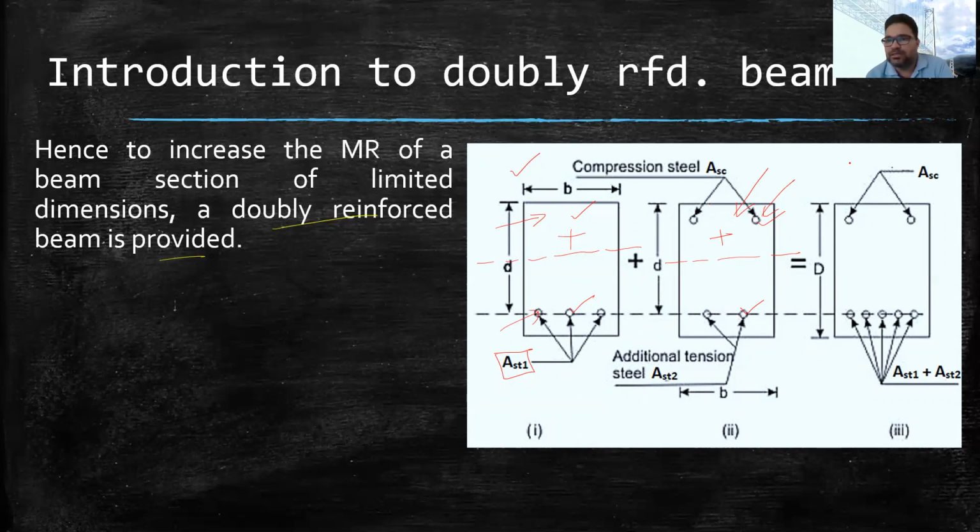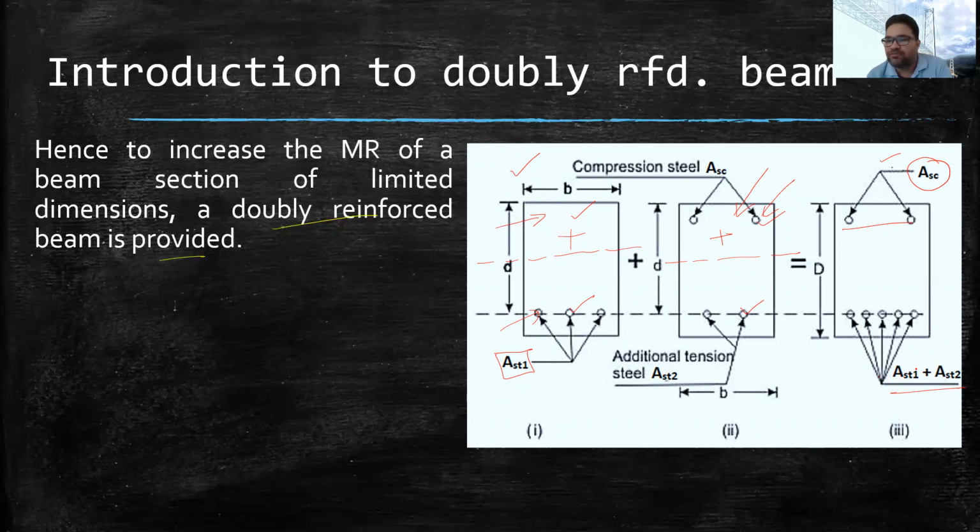In the third diagram, you can see this is the doubly reinforced beam, and it consists of area of steel in compression, which we represent as ASC, and area of steel in tension, which is AST1 plus AST2.